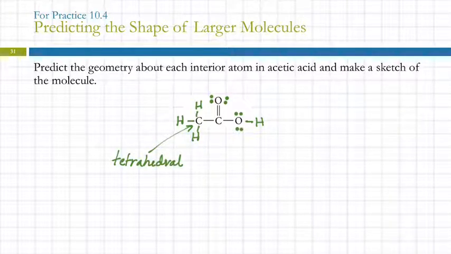That one's tetrahedral. How about this carbon? How many groups? 3. 3 groups is a flat triangle, right? Trigonal planar. Are there any lone pairs there? Nope. So that's trigonal planar.